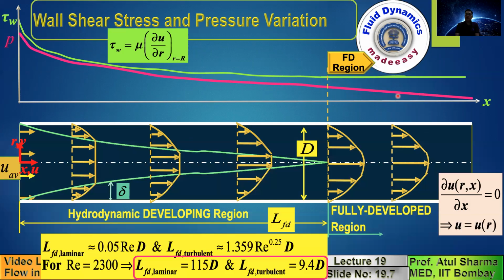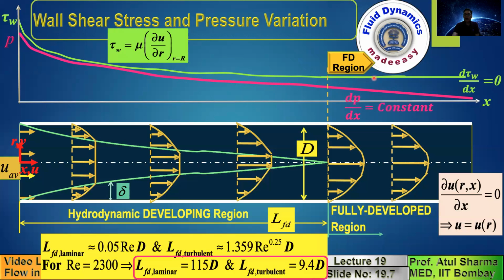This is because when the flow becomes fully developed, there is a balance between the pressure force and the viscous force at the wall. And since the viscous resistance at the wall, which is the wall shear stress, is constant, the decrease in the pressure along the axial direction is also constant.